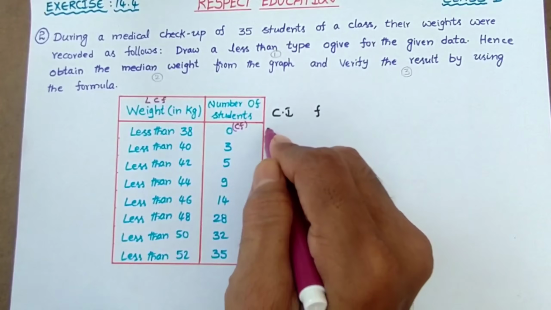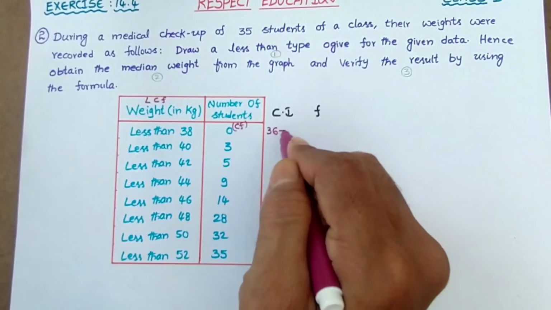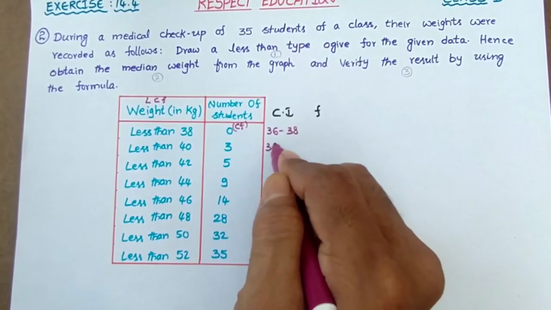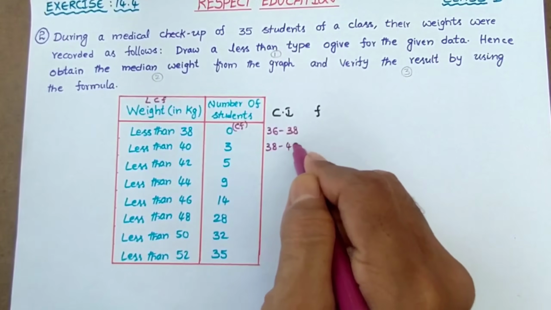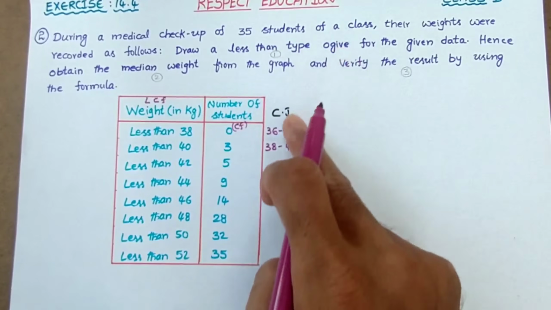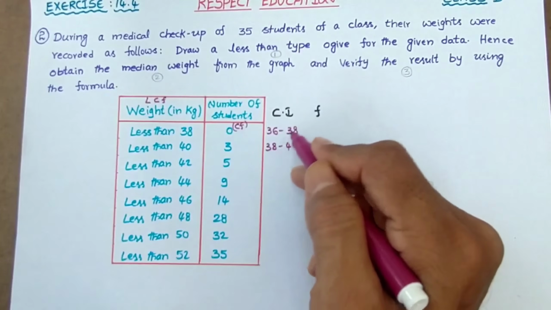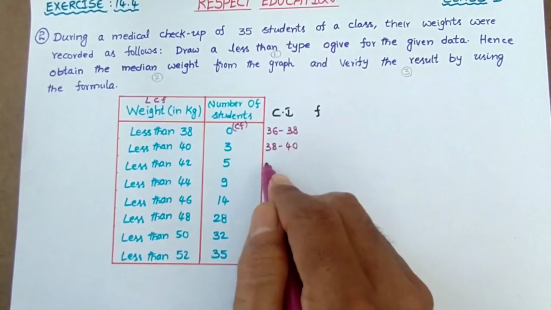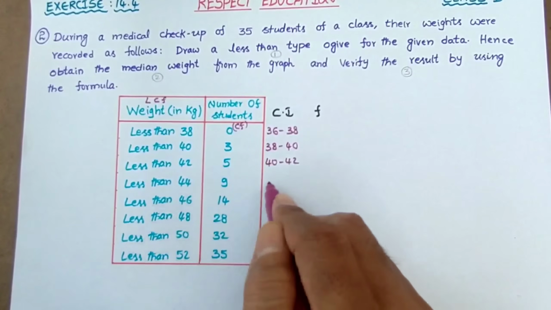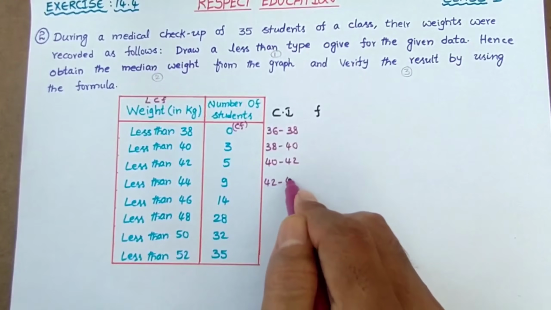Let us write here 36 to 38. Same way 38 to 40, because for drawing an ogive, the class intervals are to be continuous. So, 38 to be matched here. Same way this is 40 to 42 and this is 42 to 44.